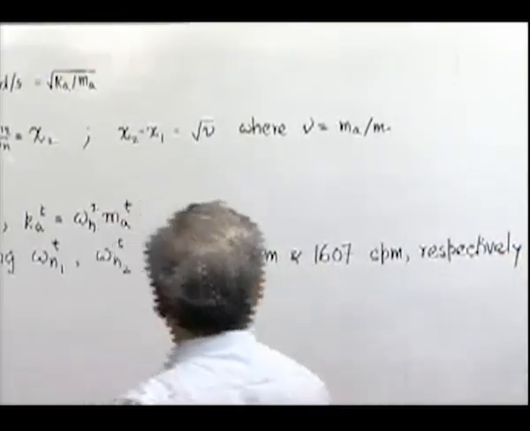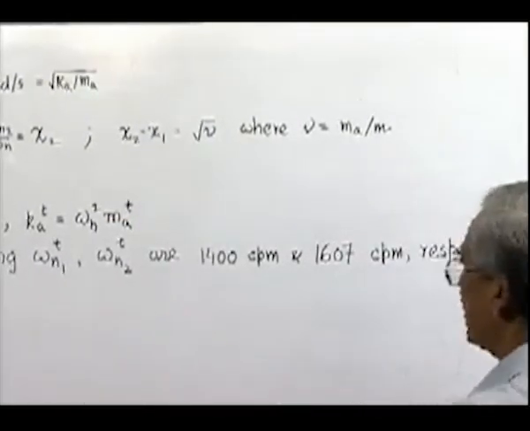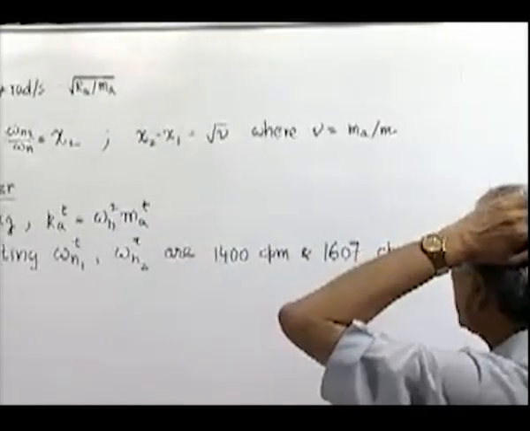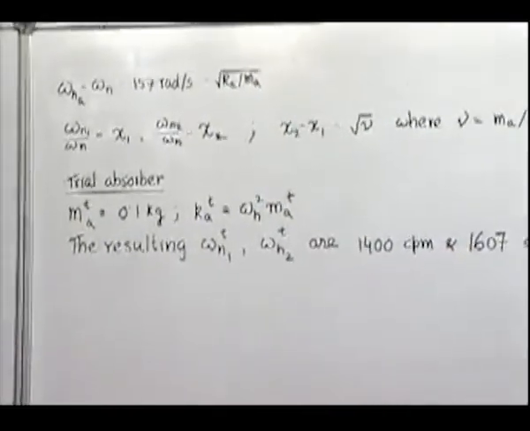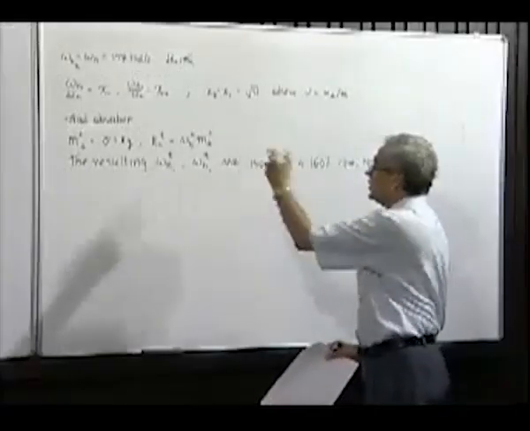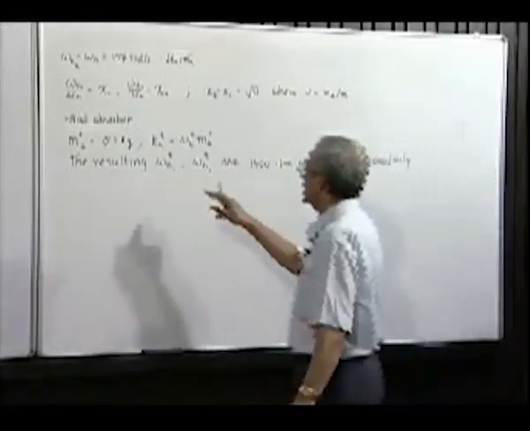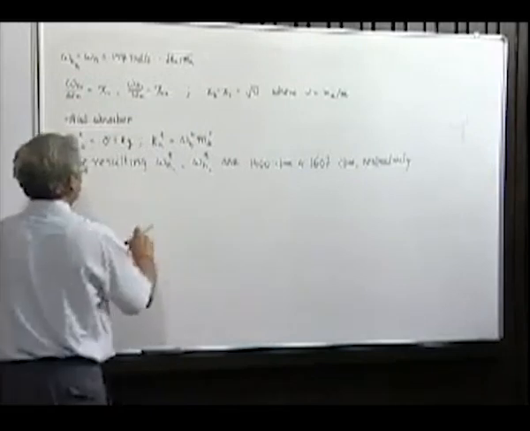Since the two resulting natural frequencies are not outside the region, obviously this trial absorber is not satisfactory. But with this experiment we can take the result. That means omega n1T is this much.